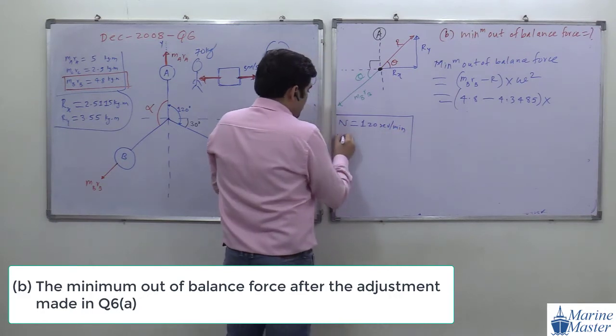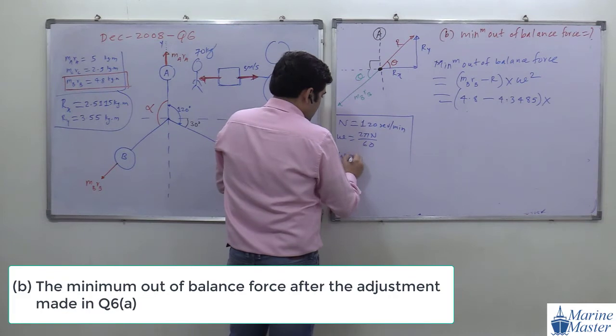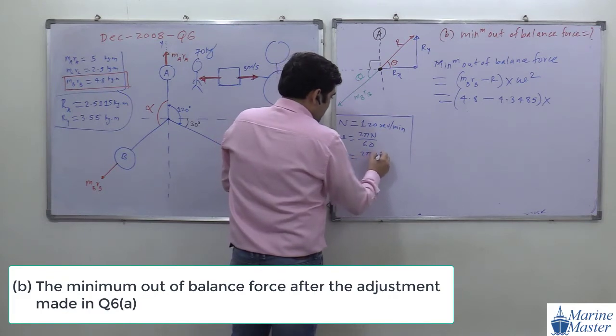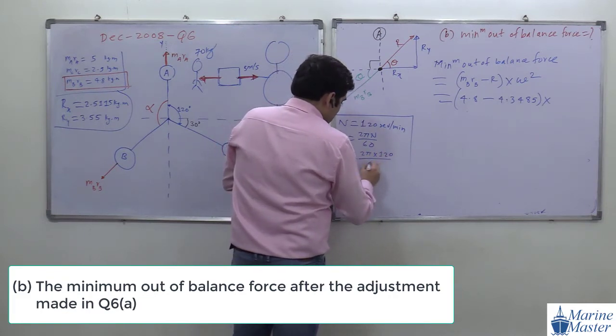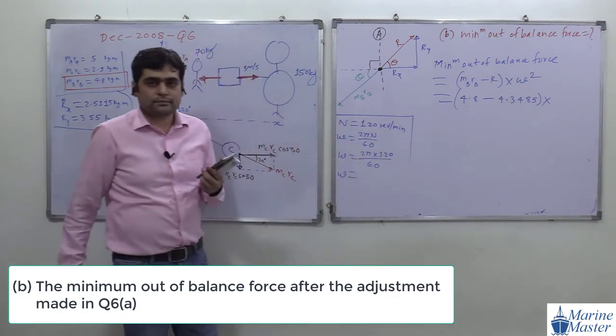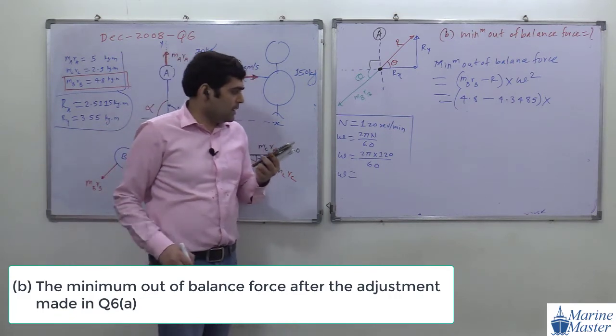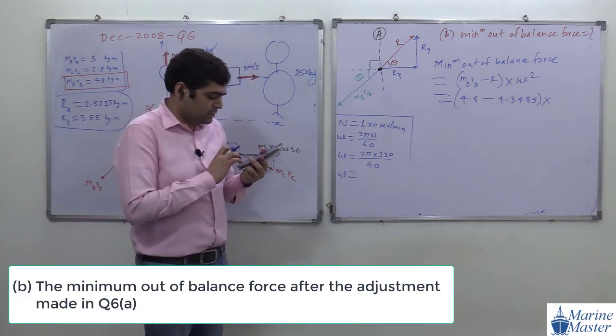So omega is equal to 2 pi N by 60. 2 pi N, with N 120, divided by 60. What will be the omega, everyone? Please do the calculation.